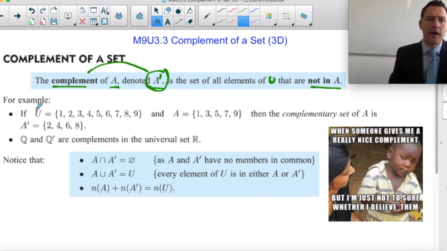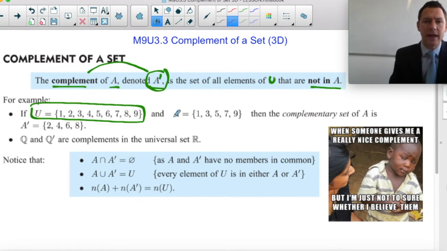So, for example, if our universal set is the single-digit whole number positives, this is our universal set. And somebody says, "Hey, let's let a subset of that be A. Let's let A be like the odd numbers." So here's A. The odd numbers are 1, 3, 5, 7, 9. They're all part of the universal set.